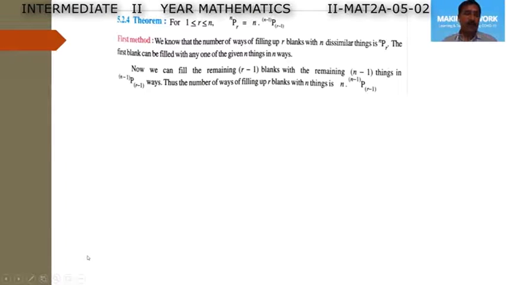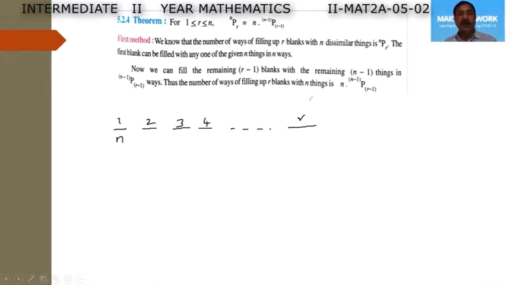So already we know that nPr indicates what? The number of ways of filling r blanks with the given n distinct elements. So this is the first blank, second blank, third blank, fourth blank, and this is the rth blank. The number of ways of arrangement of n different elements by taking r elements at a time is denoted by nPr. Now the first blank can be filled with any of the n different elements in n ways.